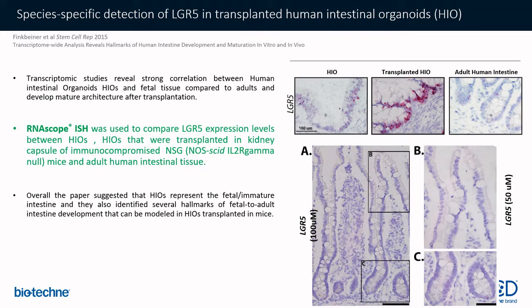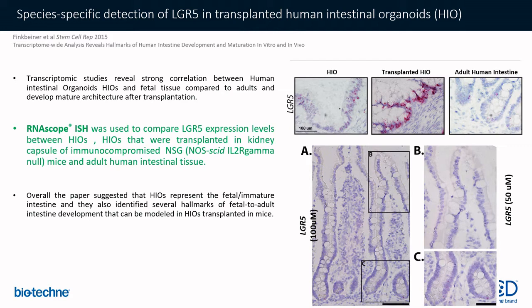This is another paper. Now, transcriptomic studies have shown a strong correlation between human intestinal organoids, HIOs, and fetal tissue compared to adults, and they developed mature architecture after transplantation. Now, this paper is from University of Michigan Medical School, Ann Arbor.